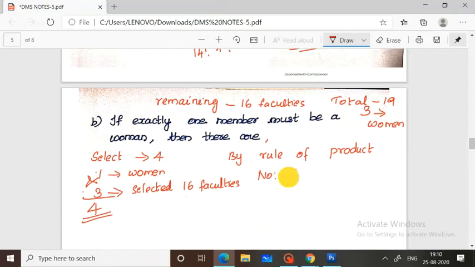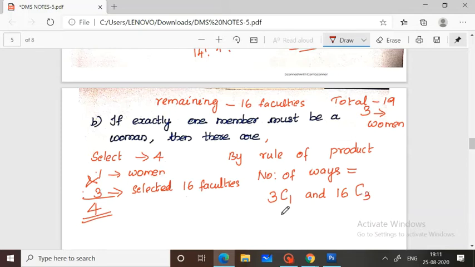Therefore the number of ways, by the rule of product, the number of ways is equal to, how will you write this? There are 3 women. Out of the 3 we select one of the women, and remaining we are having 16 faculties. From the 16 we select 3 faculties. So therefore totally we are selecting 4 faculties.